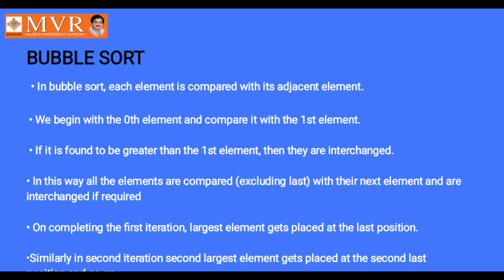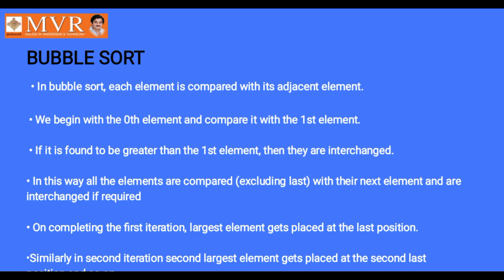Then we compare the next elements, interchanging if required. See, the bubble sort technique in short can be explained like this. Given an array or list of elements, we will place the list of elements in an array and give the numbering from 0 to n minus 1.